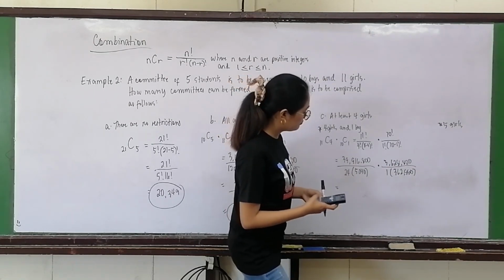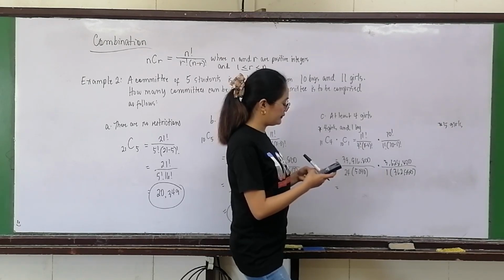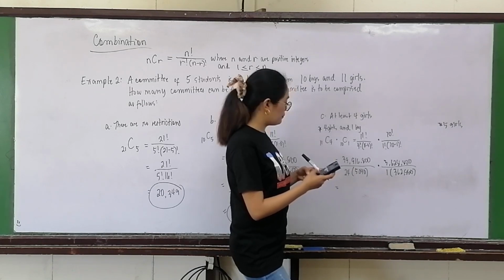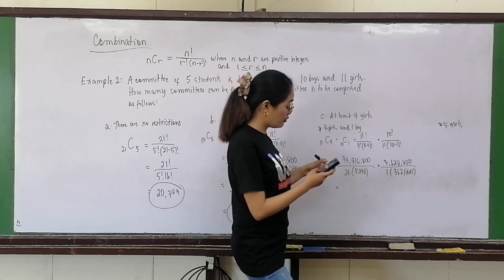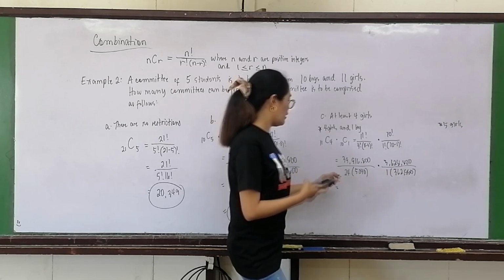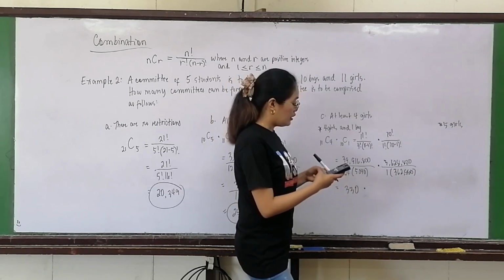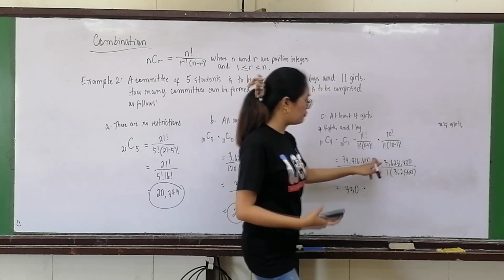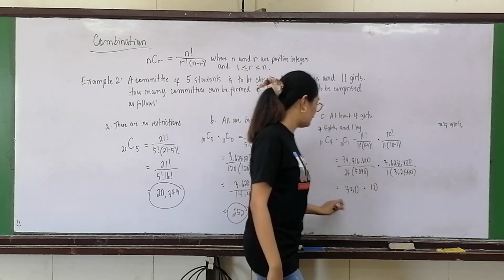We have 39,916,800 divided by 24 times 5,040, which is 330, times 3,628,800 divided by 362,880, which is 10.